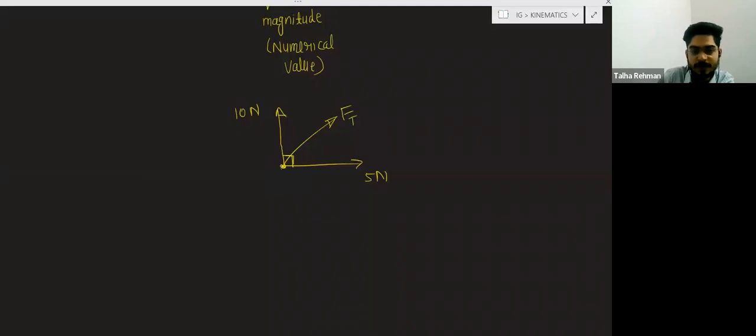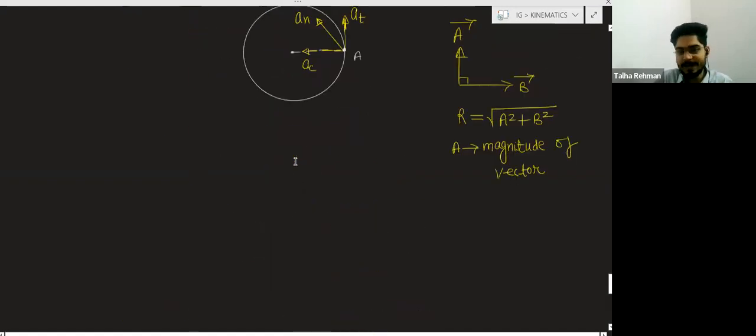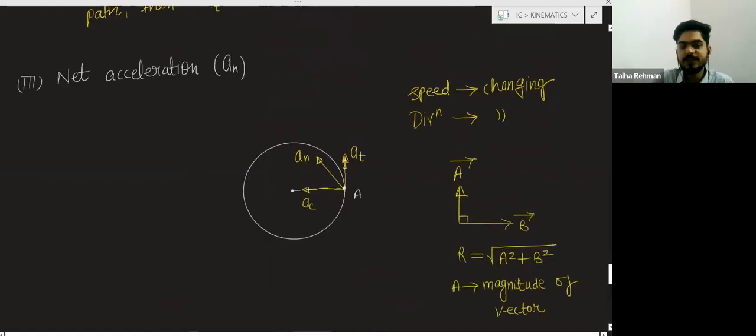Okay, and how will you calculate the magnitude of the total force? If two vectors are at 90 degrees, it is under root of the square of the magnitude of one force plus the square of the magnitude of the other force. So basically at this point, one acceleration is in this direction and one acceleration is in this direction.